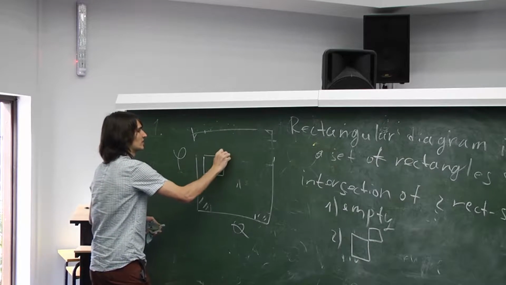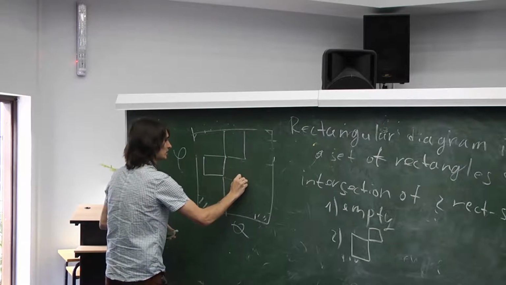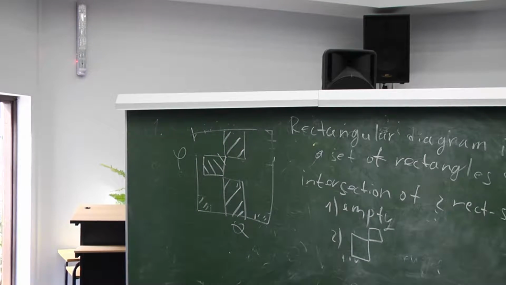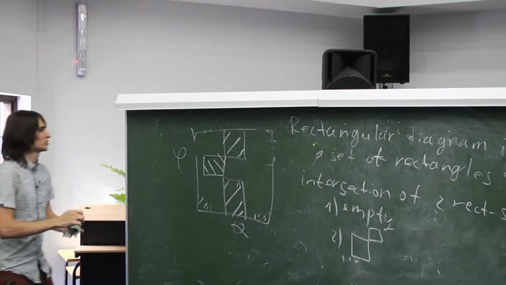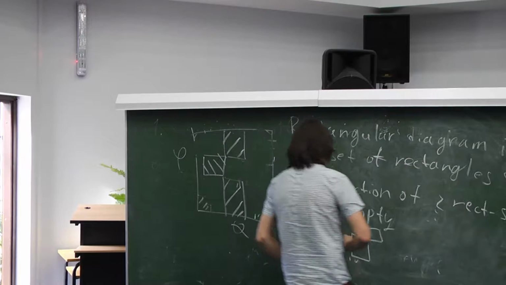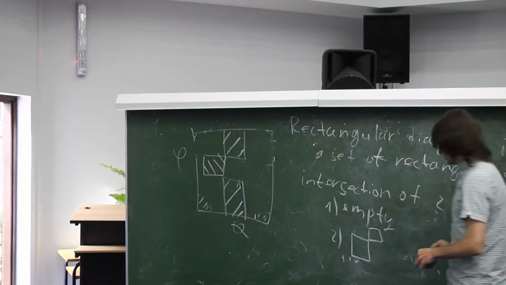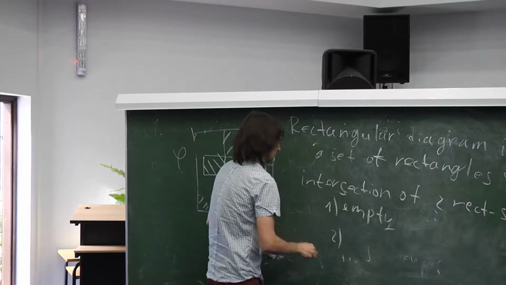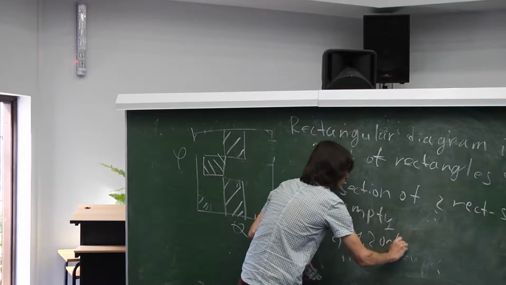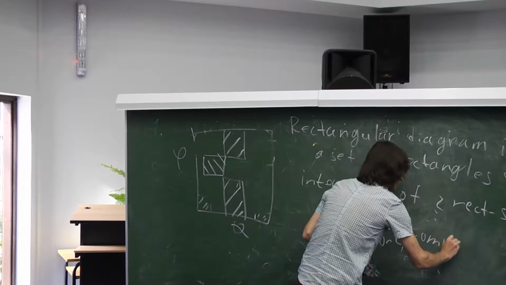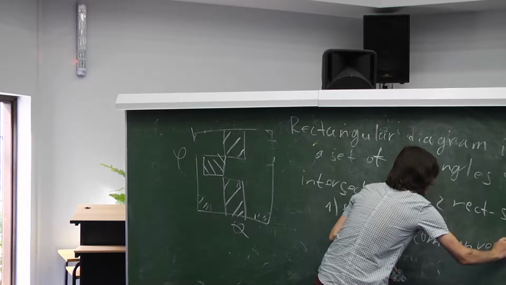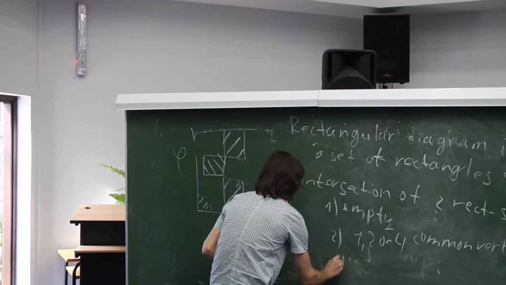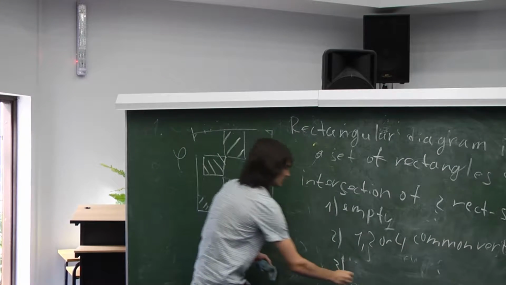For example, such two rectangles have two common vertices. And they may have four common vertices. So 1, 2, or 4 common vertices. And the last case, they may intersect like this.